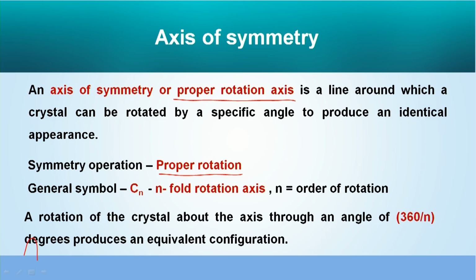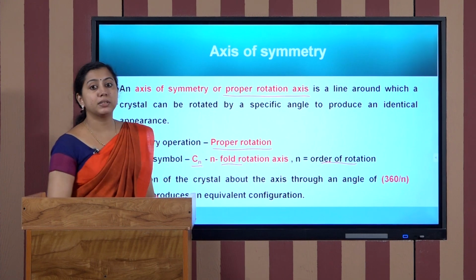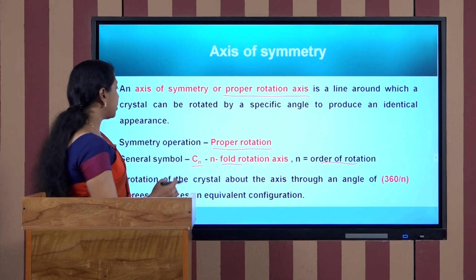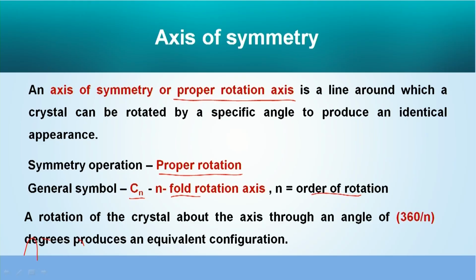And generally, this is represented as Cn, capital C with a subscript n, or we can say it is an n-fold rotation axis where n is the order of rotation. A rotation of the crystal about the axis through an angle of 360 by n degrees produces an equivalent configuration.